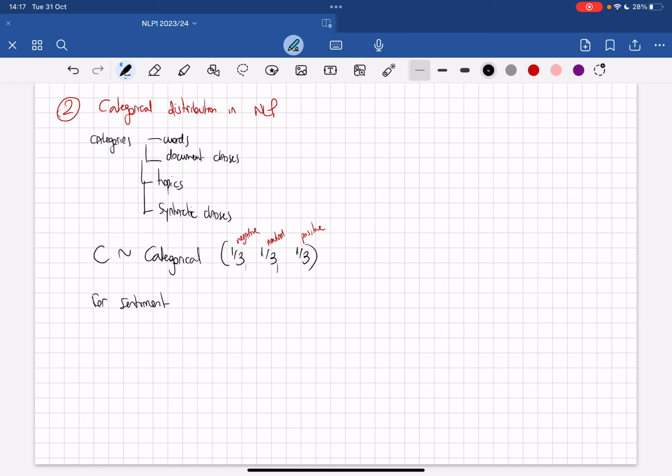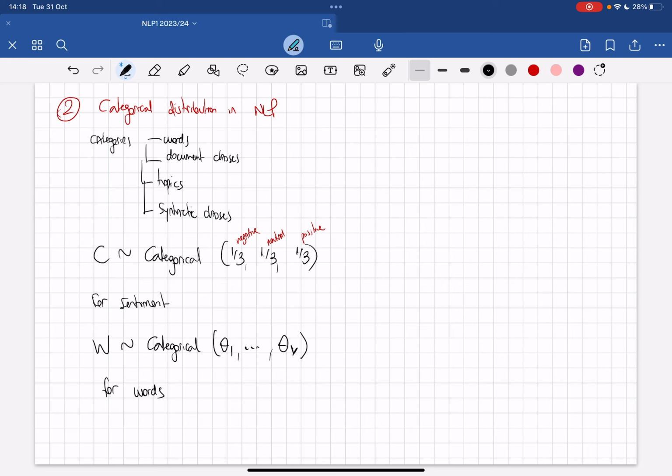I might also have, in a different context, I might say, well, W is categorical with parameters theta 1 through theta v. This time I'm not going to invent numerical numbers, I'm just going to name them with variables, theta 1 to theta v. So I have v possibilities for this random variable W, and it's to capture words.